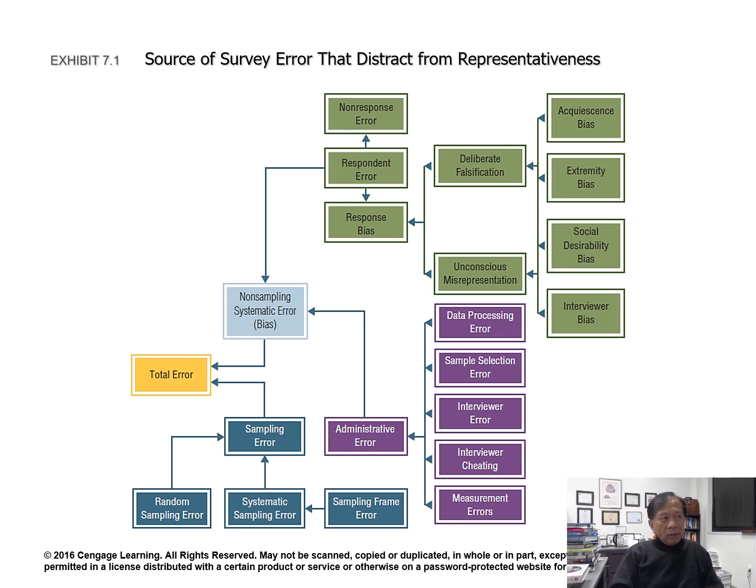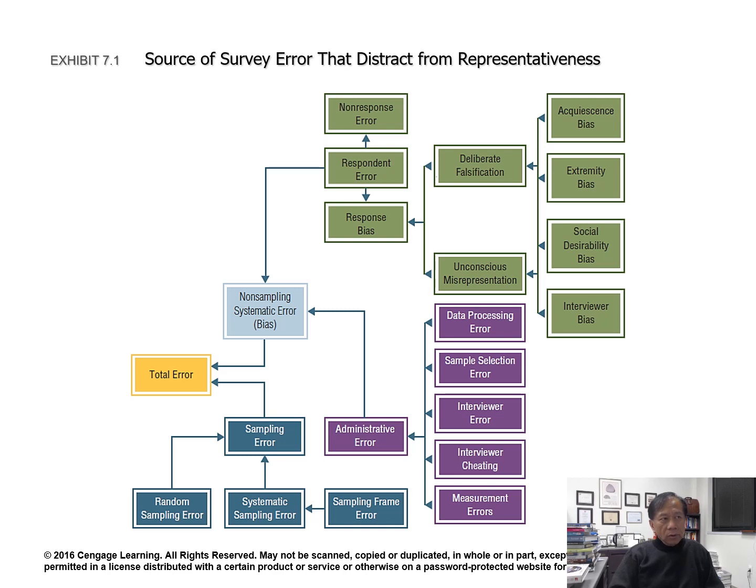In the case of deliberate falsification, there could be what we call acquiescence bias. Acquiescence bias arises because someone is familiar with the situation, or familiar with you, the survey researcher.